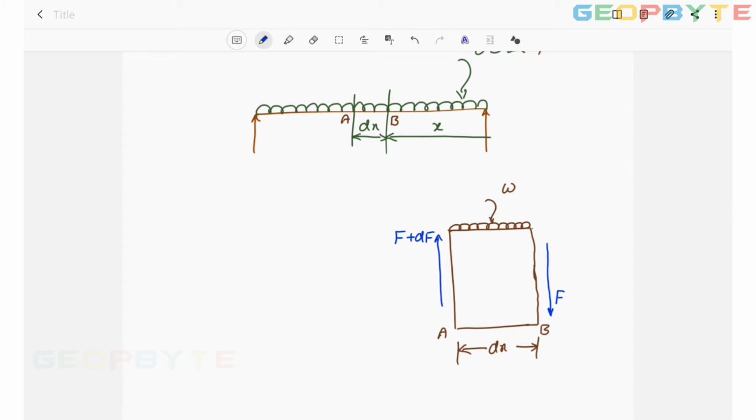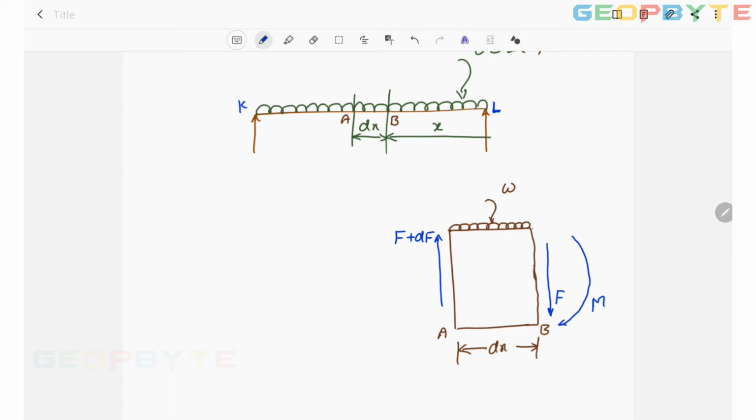And the bending moment which is developed with respect to the right support, let this be K L, the bending moment is developed in this direction. This may be the bending moment direction for that particular cross section.